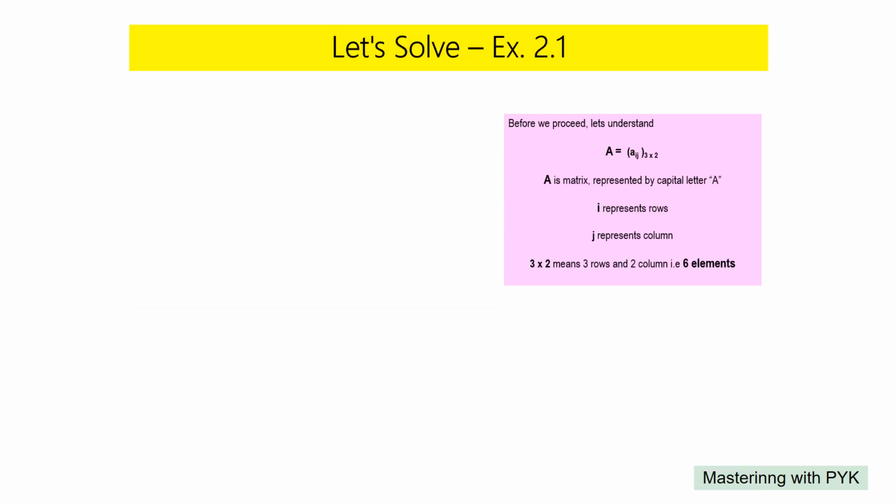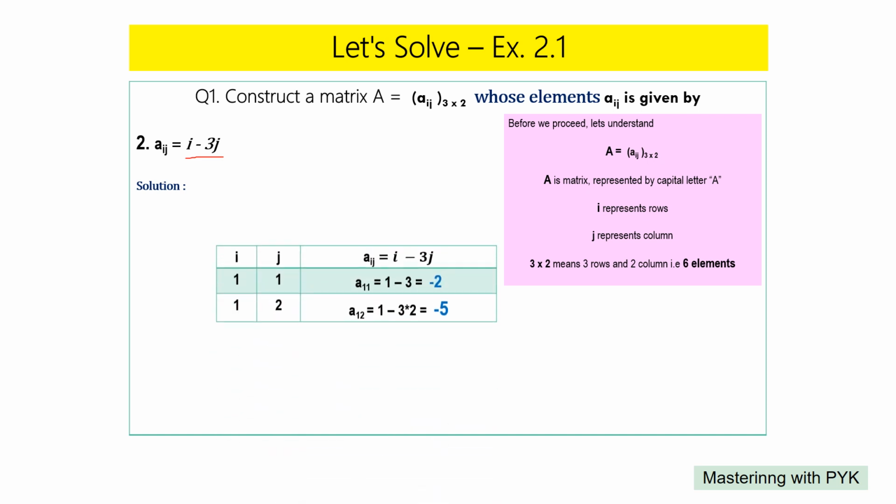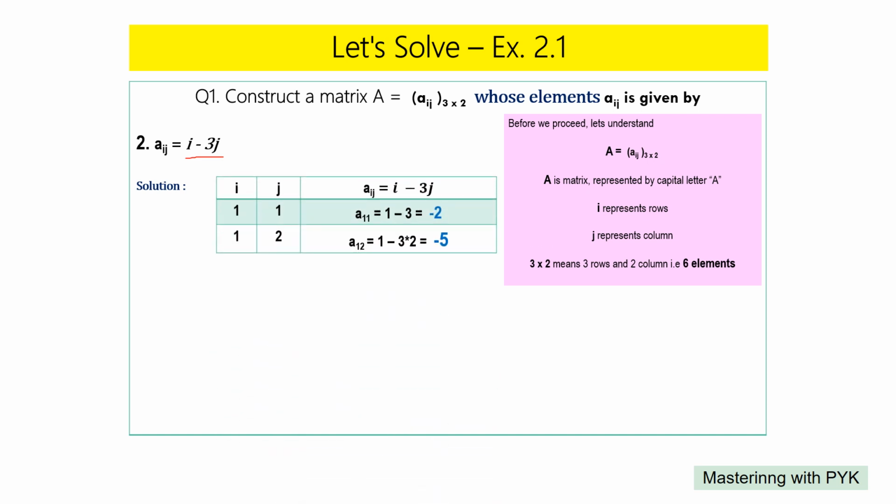So let's solve. Question number 1, please do it yourself. I'll start with the second. So Aij is represented as i less 3j. So let's start representing i and j and the required Aij. So we know that we have 3 rows and 2 columns.